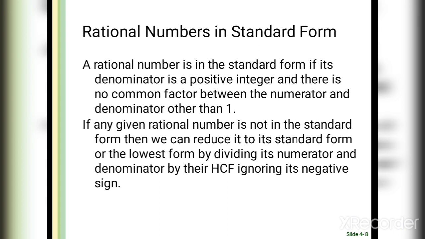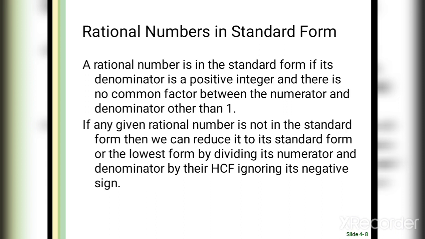Rational number in standard form. A rational number is in the standard form if its denominator is a positive integer and there is no common factor between the numerator and denominator. So the first step is we have to make the denominator positive, and the second, their common factor will be 1 only.